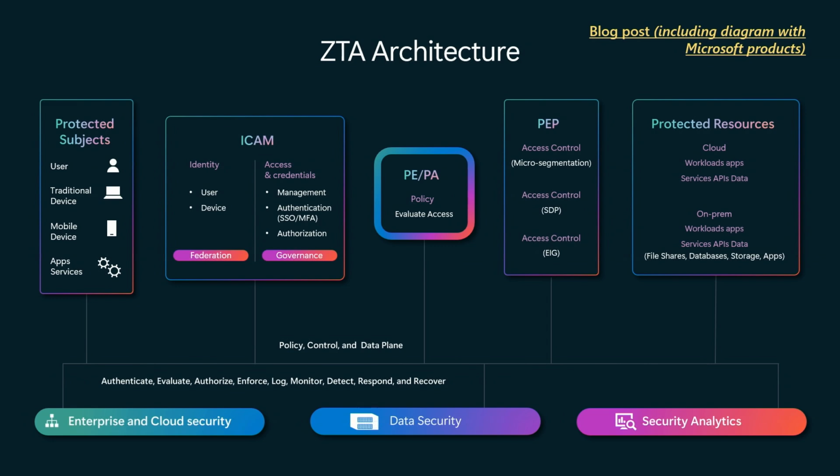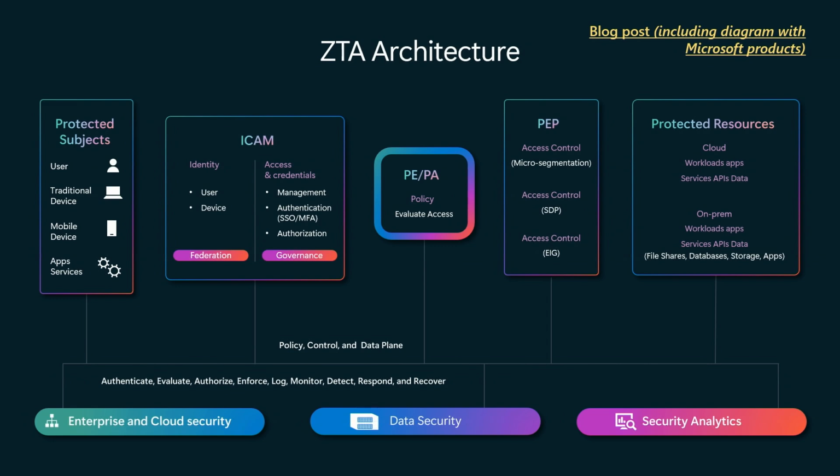So we broke it down into a couple of key areas. On the left side of the slide, you'll see the entity, I call it the subject: the user identity, the devices, and the workloads themselves. Think about service-to-service interaction, like containers to containers. Everything has an identity. So think of that as the identity area.